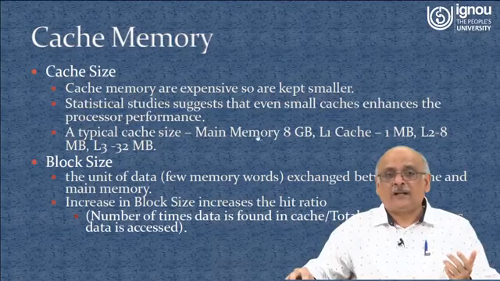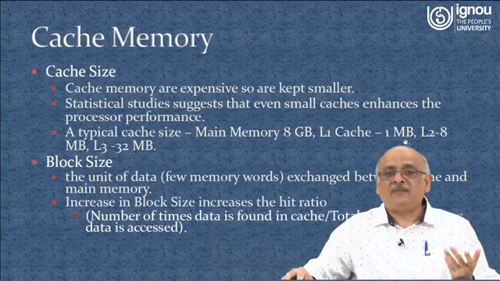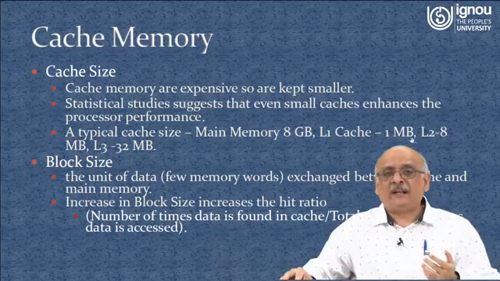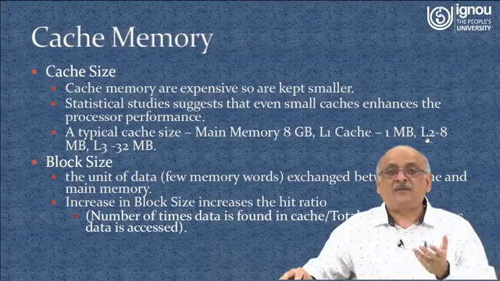A typical cache size, now this is important. Suppose main memory is 8 GB. L1 cache can be 1 MB, L2 cache is around 8 MB, L3 cache is around 32 MB. So these are the three. L1 and L2 caches these days are built into the processors.